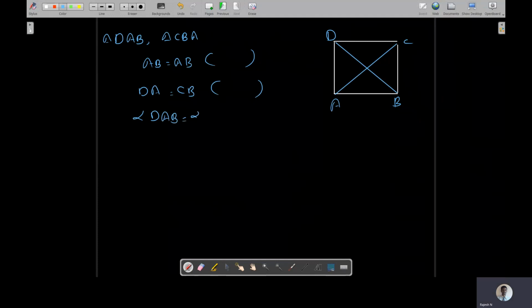Angle DAB is equal to angle CBA is equal to 90 degree. By square, all angles are 90 degree. Therefore, by which rule? By SAS congruence rule, triangle DAB congruent to triangle CBA.